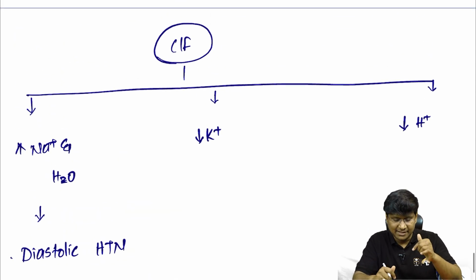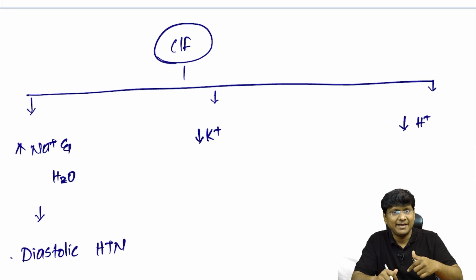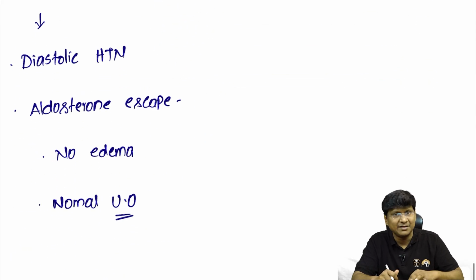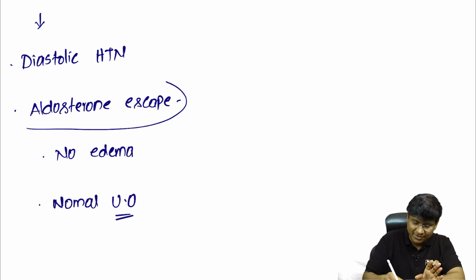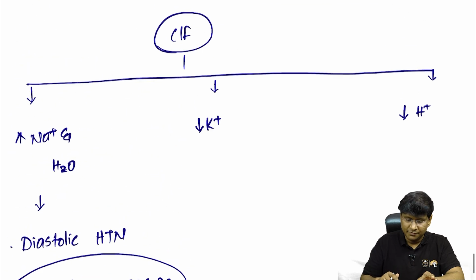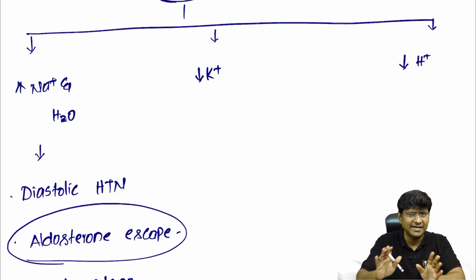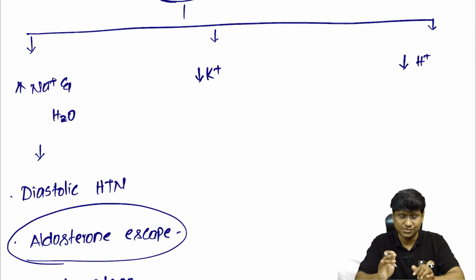Once there is hyperaldosteronism, there is increased sodium and water retention, so we may suspect edema and decreased urine output. But they will not have decreased urine output; they'll have normal urine output. All this is mainly because of the aldosterone escape phenomenon, which I have discussed in detail in my main videos, right?